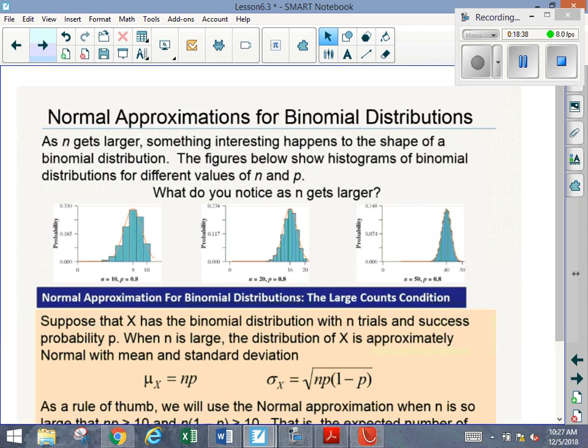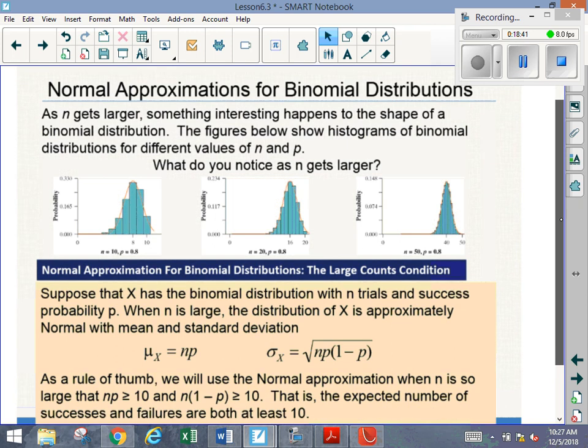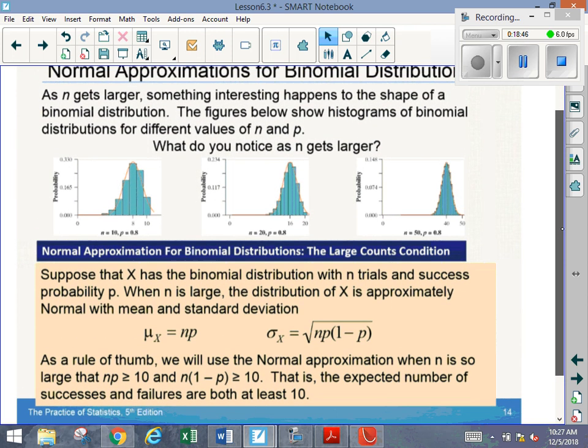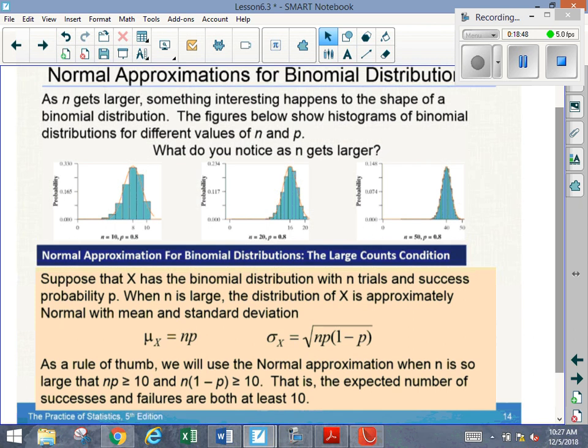Here's a picture of it. As n gets larger, you can see that the distribution looks more and more normal. Again, this rule of thumb, this normal approximation rule, we're going to get into very much when we get into inference. So we don't really need to touch on it right now.